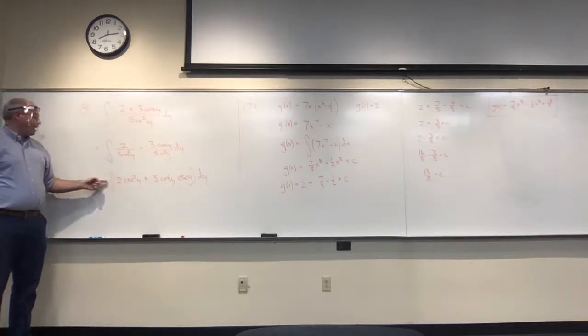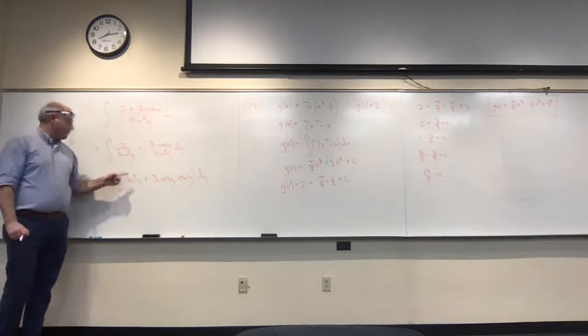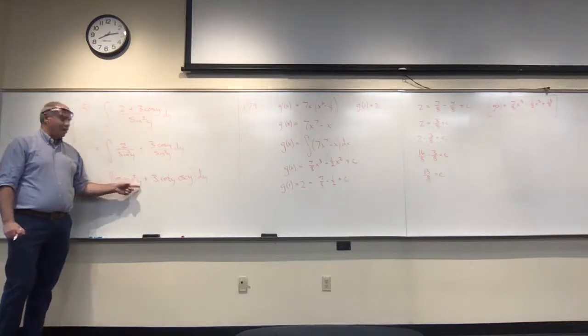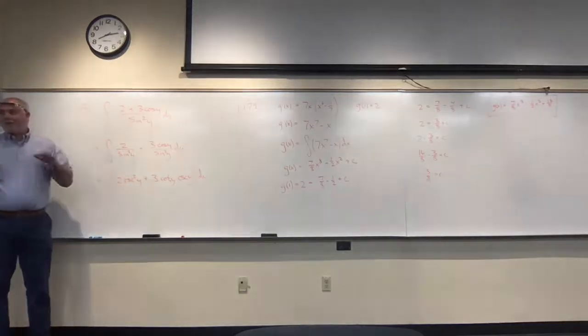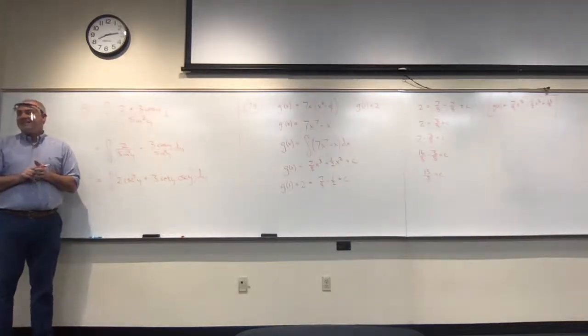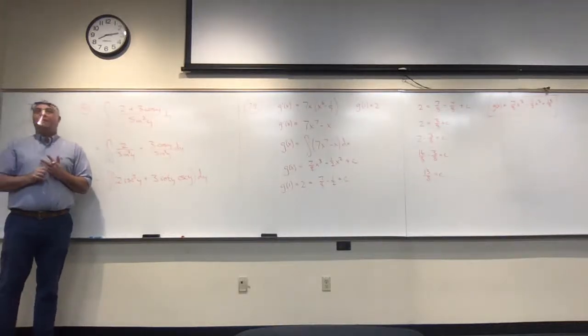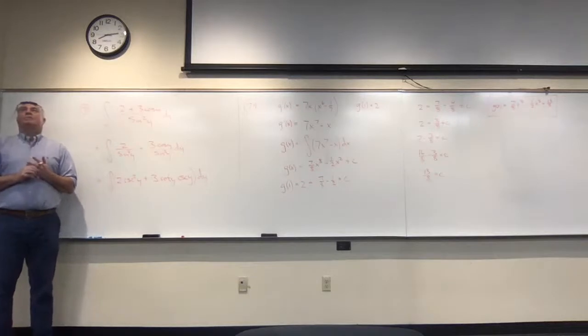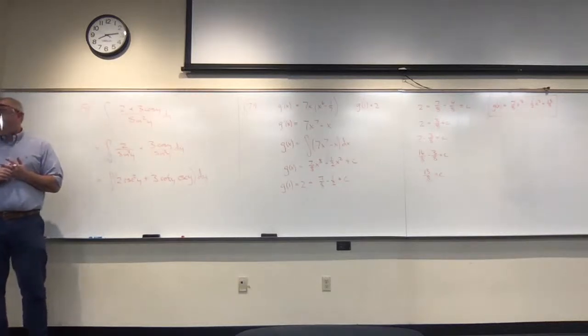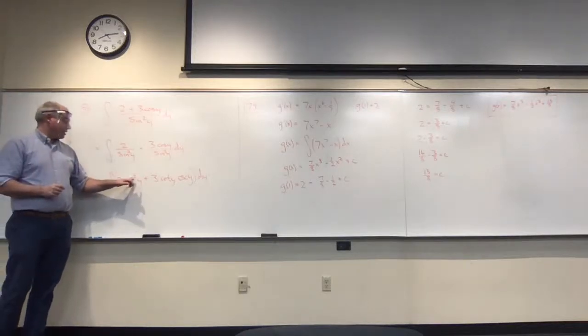But this one, we actually do know something whose derivative is cosecant squared of y. Negative cotangent. Yes, negative cotangent y would have the derivative cosecant squared of y.